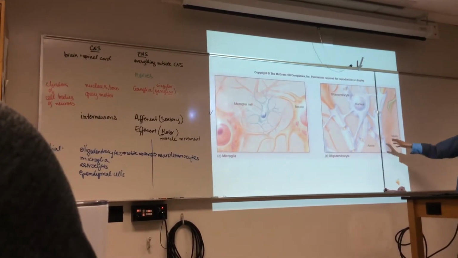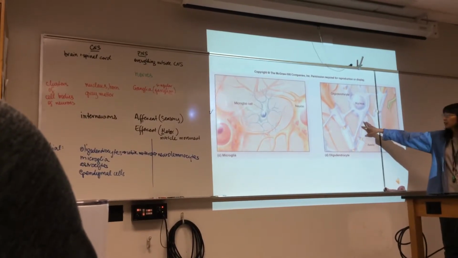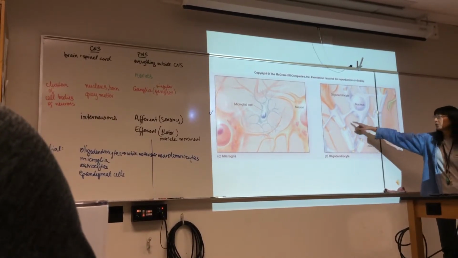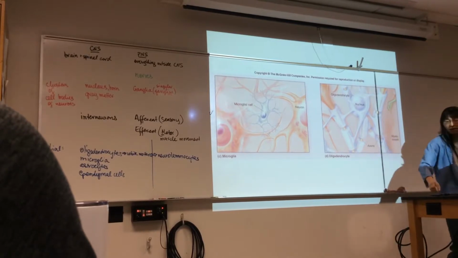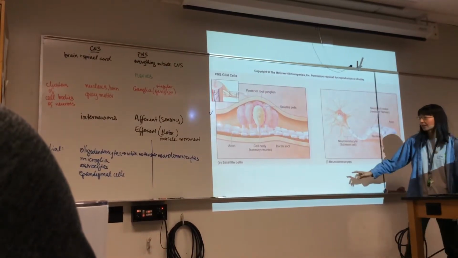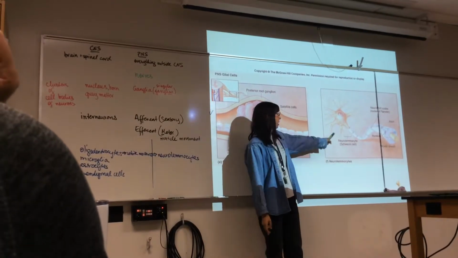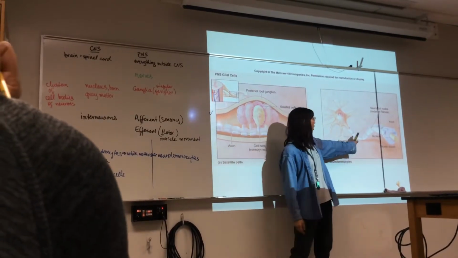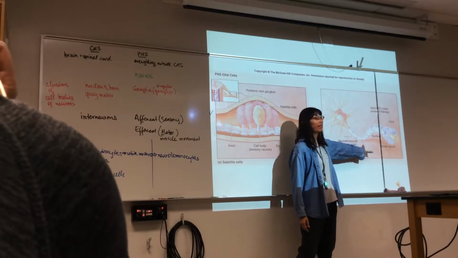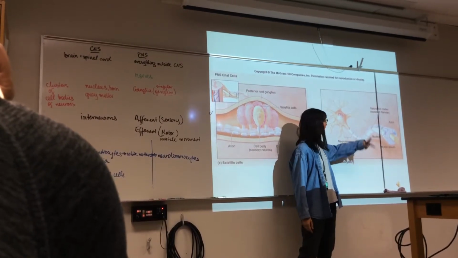So in the CNS we have one oligo, many axons. Whereas in the peripheral nervous system we have neurolemmocytes, and it's the opposite: one axon, but many neurolemmocytes. They do the same thing.